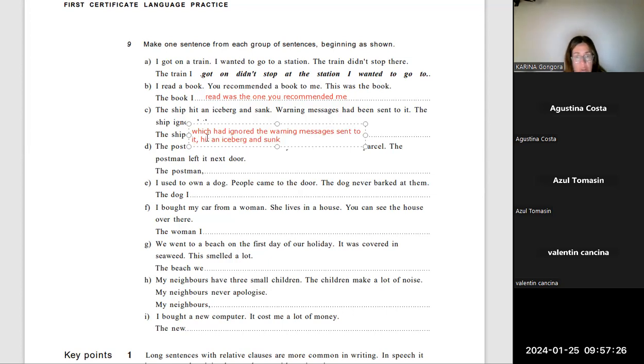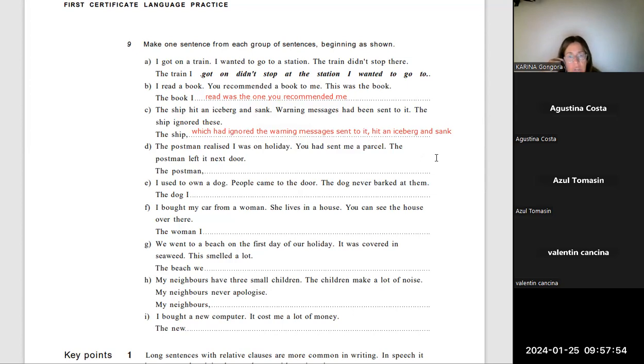All right? Very good. It is the past of sink: sink, sank, sunk. No, sunk. This is sank; sunk is the past participle.